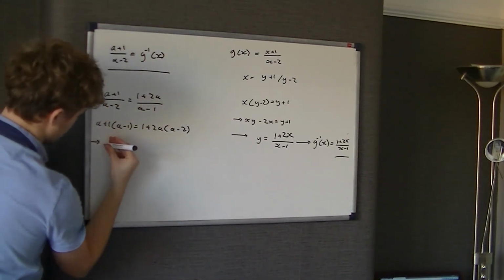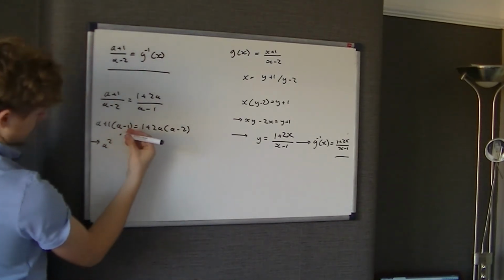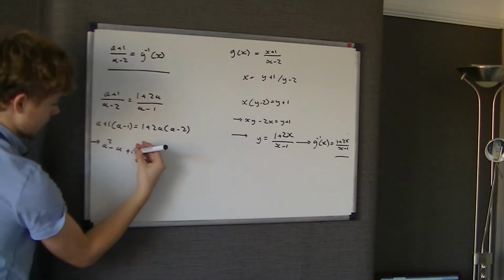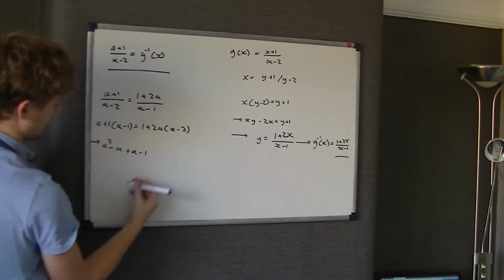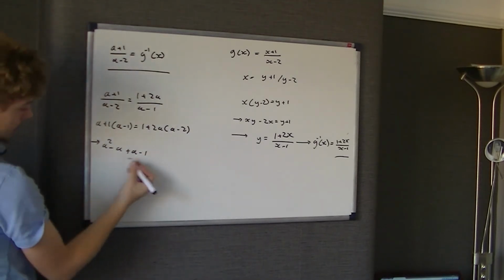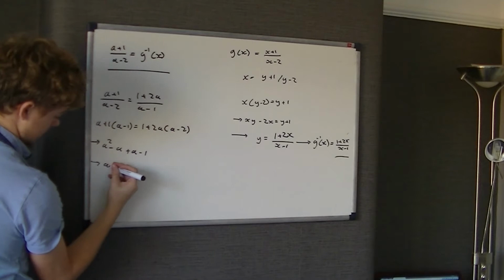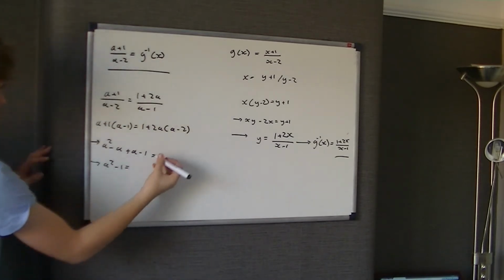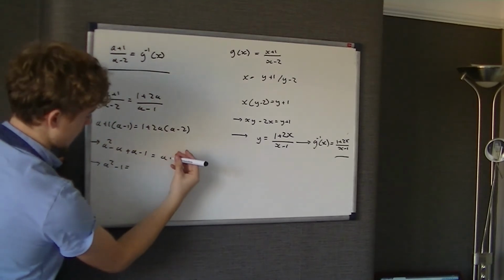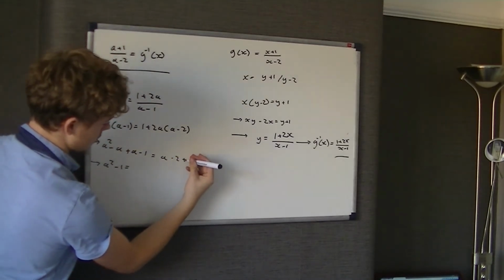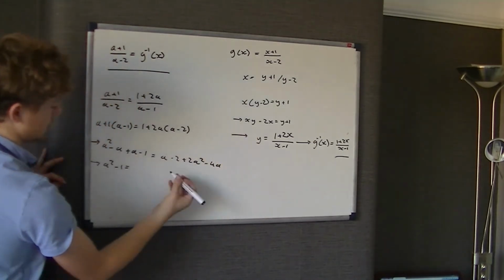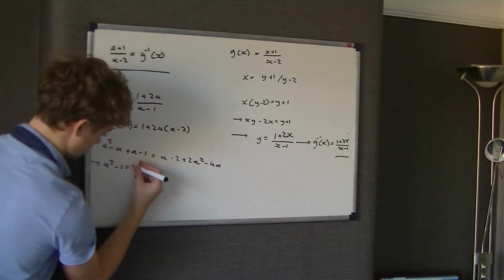So that becomes a squared take a plus a take 1. So the plus a and the negative a cancel out, so it's a squared take 1. This is equal to, if you expand this one, a take 2 plus 2a squared take 4a. Then we simplify that down, so you're still left with the 2a squared.